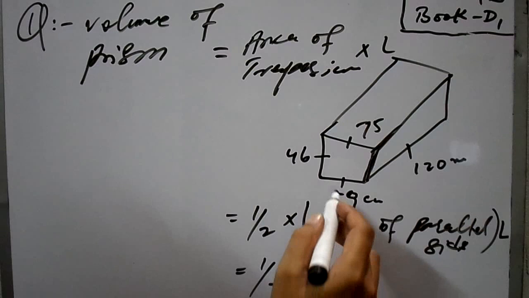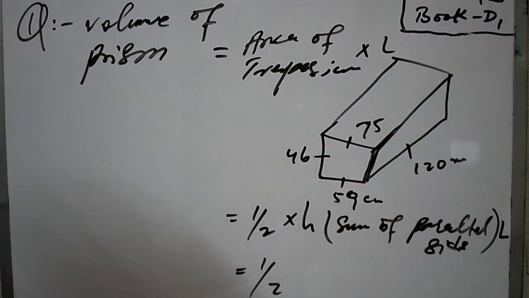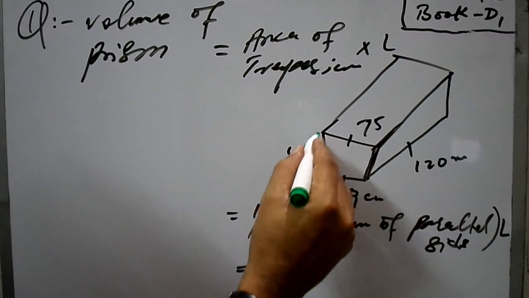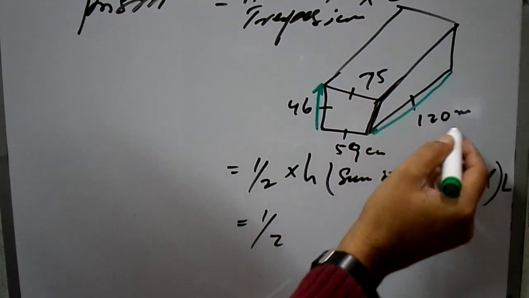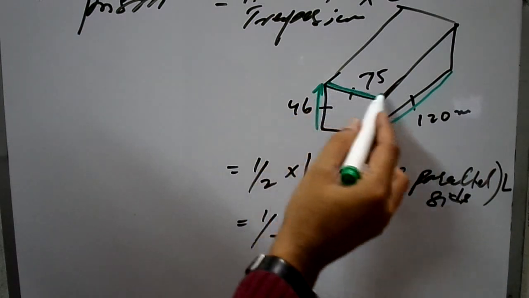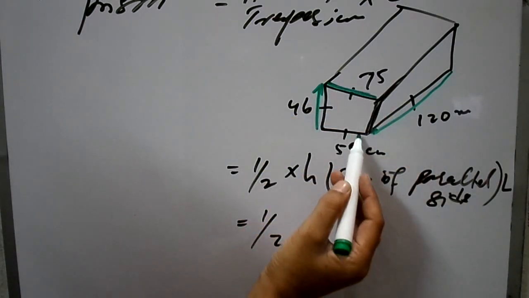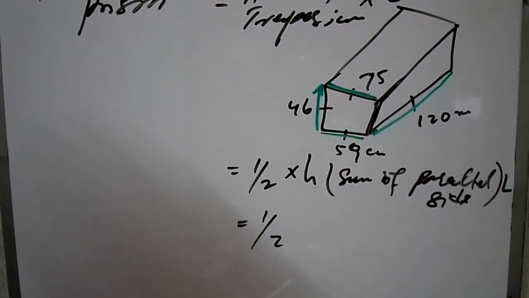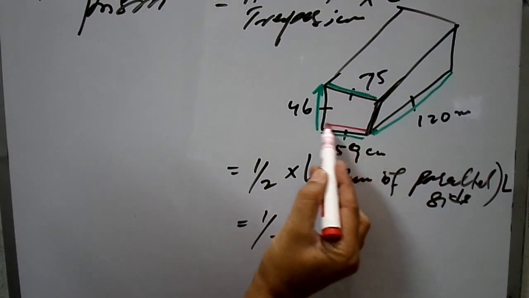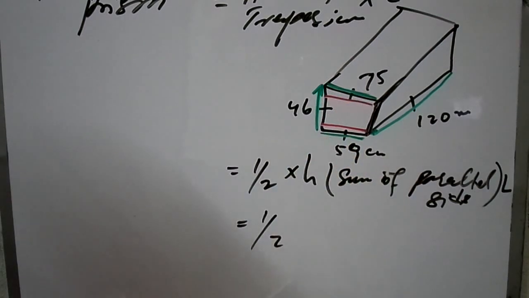Height is 46, and length is 120, and these two sides are parallel. For parallel sides you can distinguish by the coloration, sum of parallel sides.